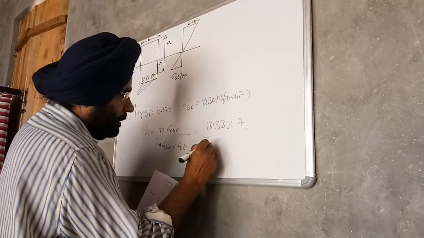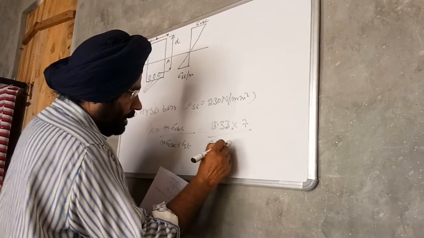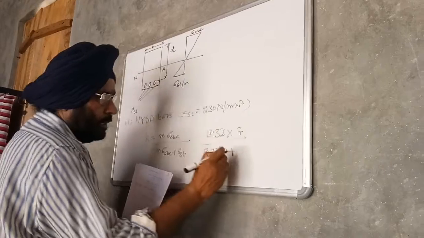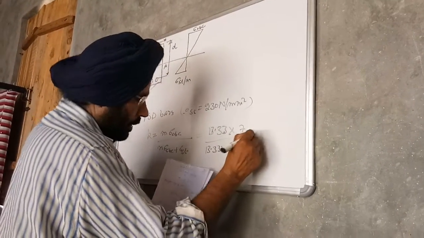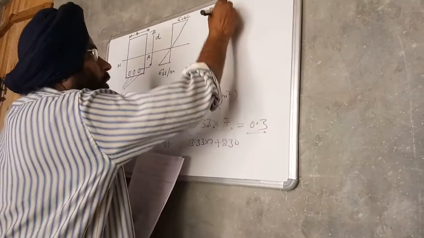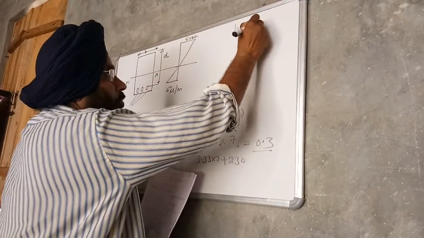So 13.33 into 7 plus sigma ST, so sigma ST 230. So the value of K comes out to be 0.3.